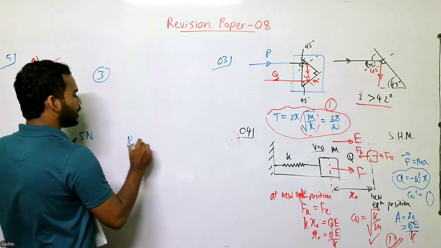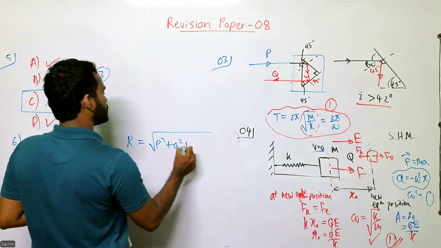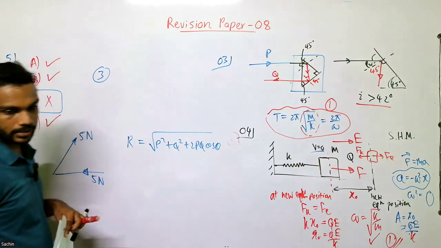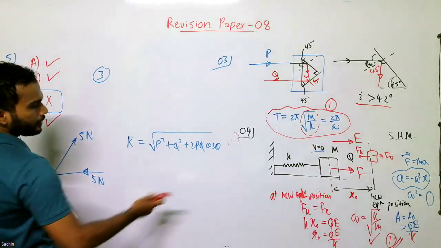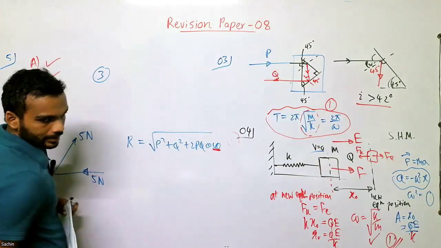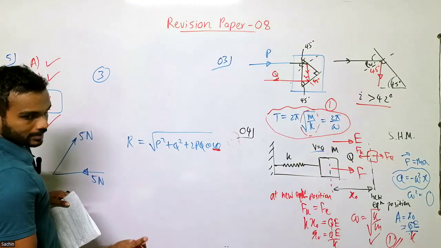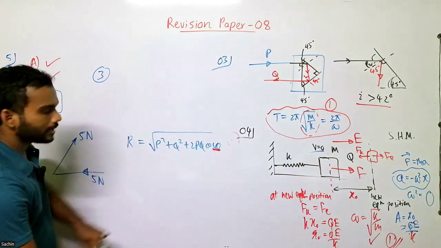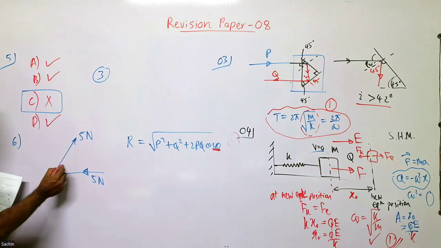There are a few ways. I'm preferring this way. Okay, p squared plus q squared plus 2pq cos theta. Here, this theta should be the angle between the forces. But remember, when defining this angle, the vectors should be drawn such that either they are diverging or they are converging to the same point. This is not the perfect way to define the angle.